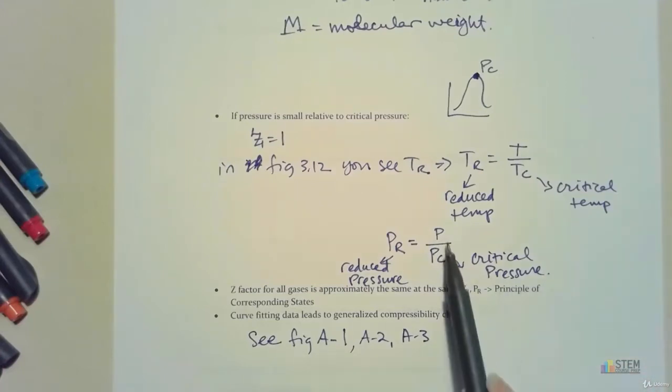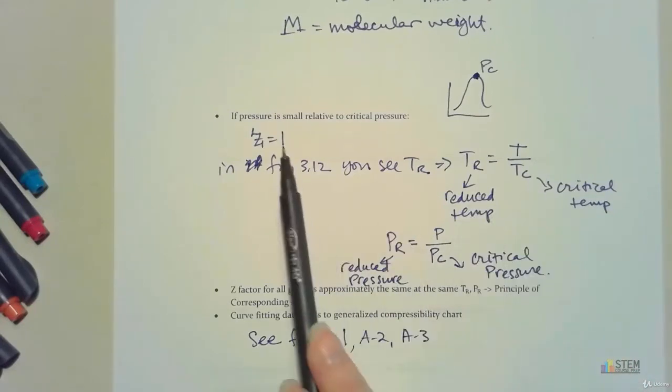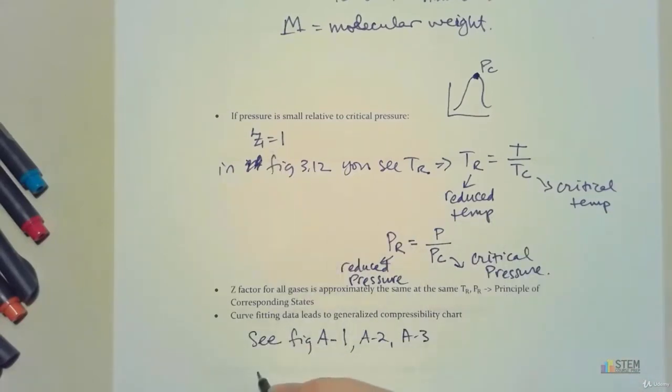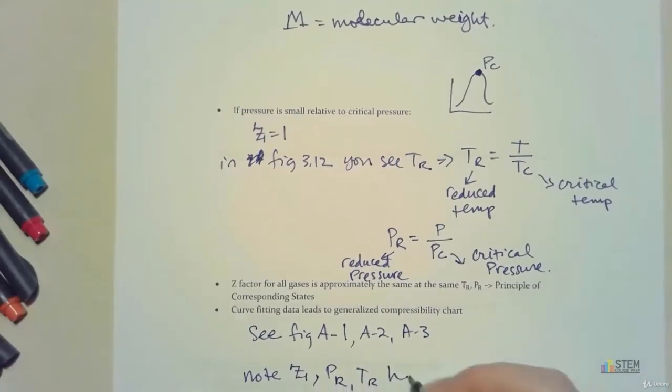And one more thing, note for the reduced temperature and reduced pressure, these are not going to have units, and neither will Z. They will all be unitless. So let's make a note of that. Don't want y'all thinking I've forgotten units here.